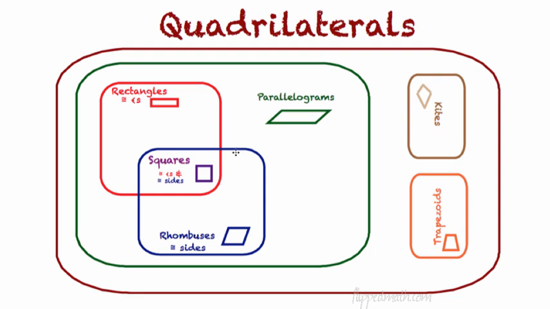No. Every square is a rhombus. Is every rhombus a square? No. Which rhombuses are squares? The ones that have congruent angles. Which rectangles are squares? The ones that have congruent sides. So there's some logic there for you. All of these are parallelograms. So here's a Venn diagram that can help you organize your thoughts about how these relate to each other.